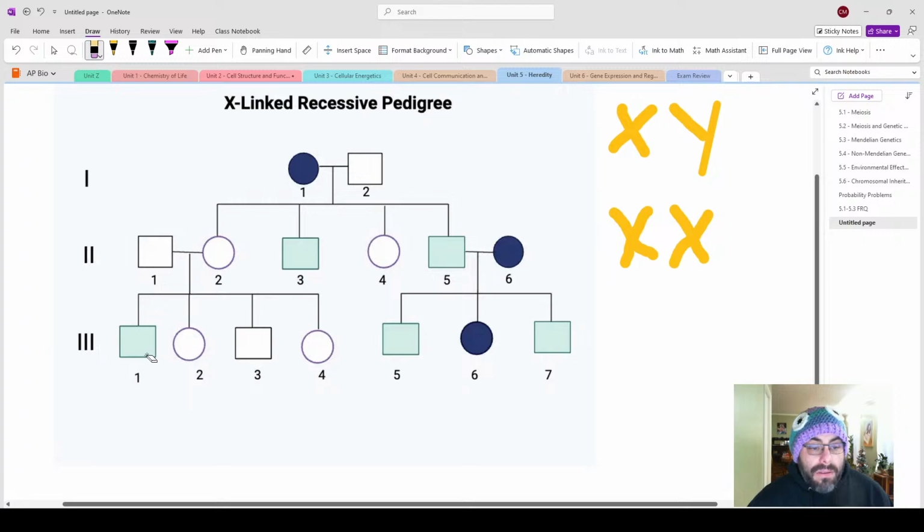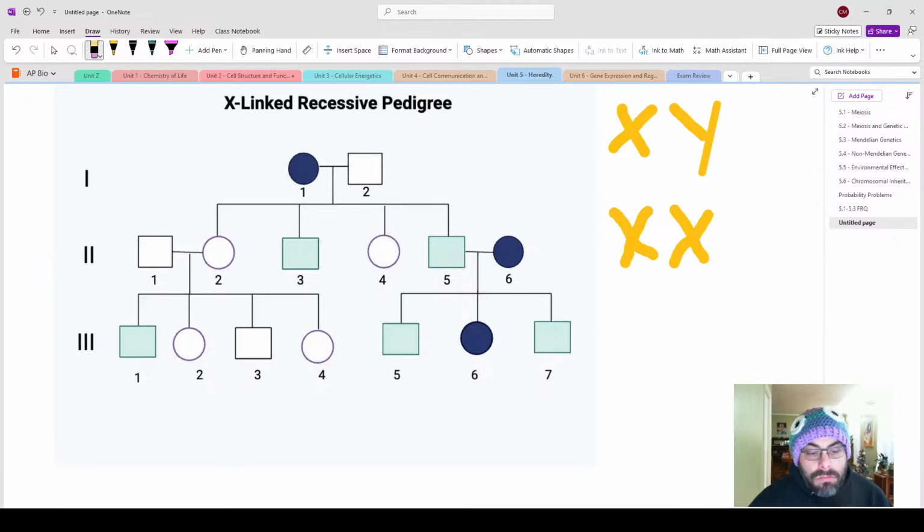And the fact that this son has it, and this mom has the allele from her mom, there are just those patterns that you could see. It's not dominant. This individual has it, parents don't have it, right? And so that's the steps that I would go through in order to discern that.